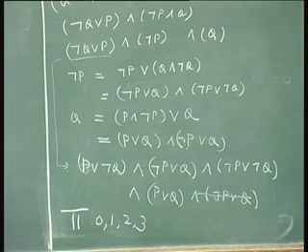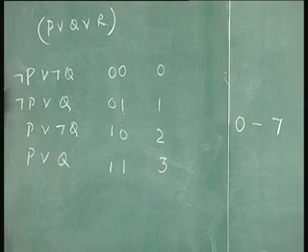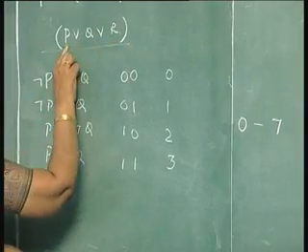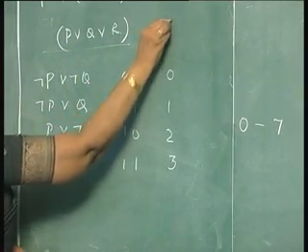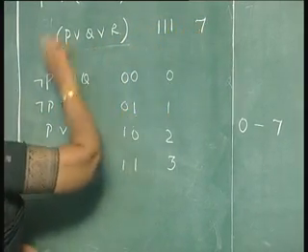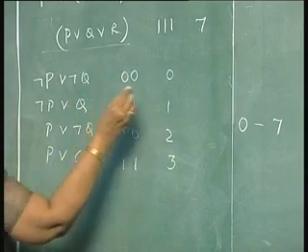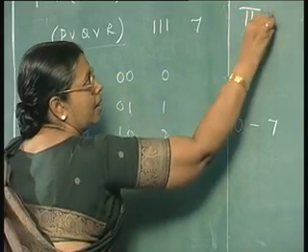Now with 3 variables again you can have the max term represented by 0 to 7, and if you look at this one, this represents the max term 1 1 1 or 7. So the whole formula can be represented by pi 7.